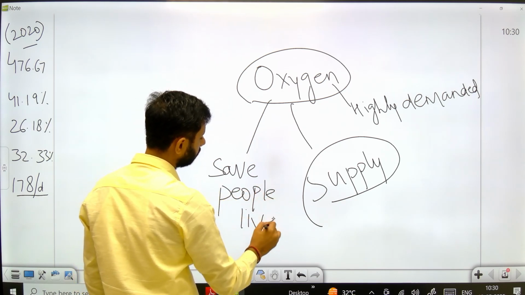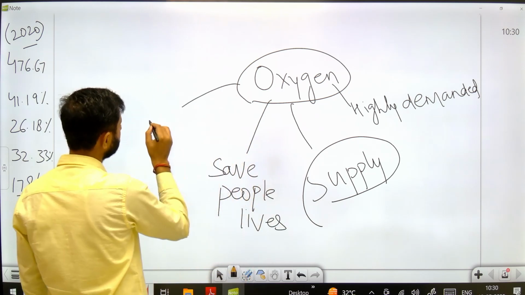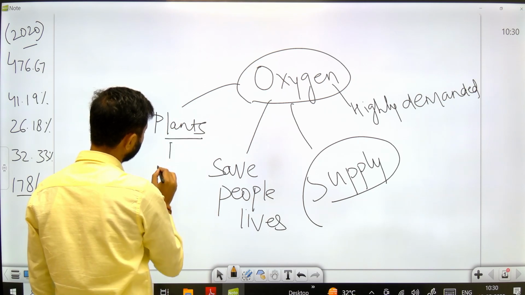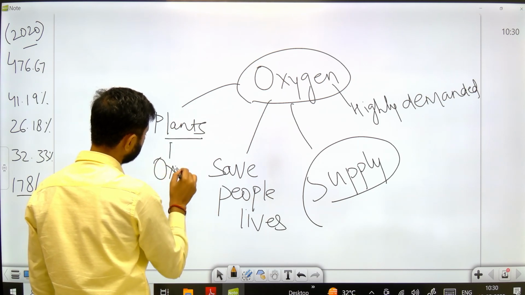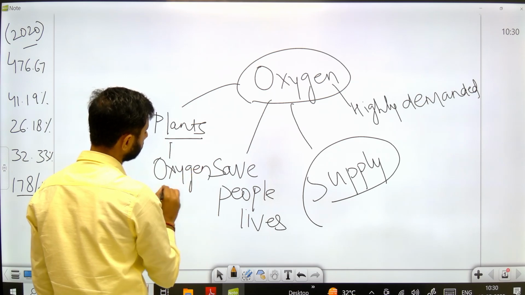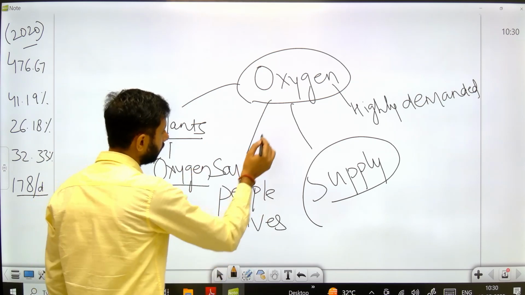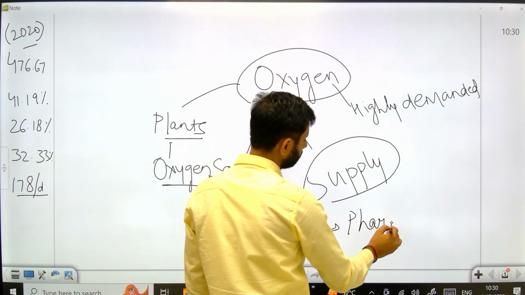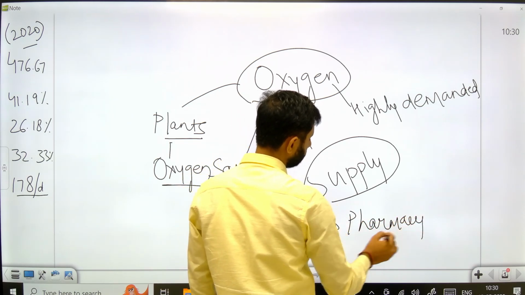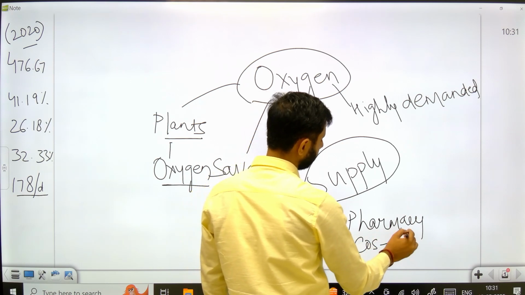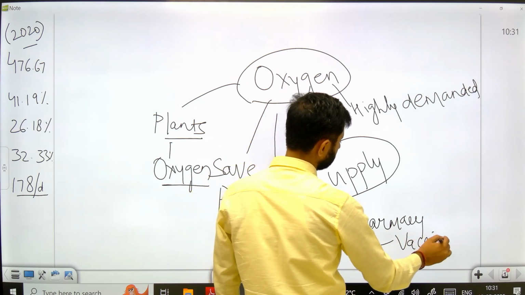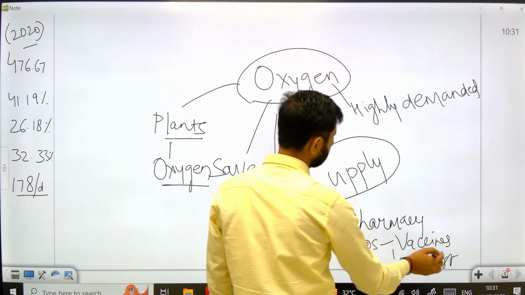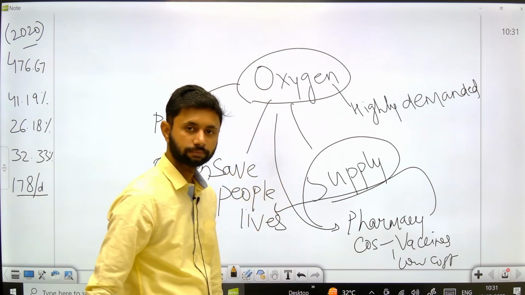And for that, what they did, they talked to plants to generate oxygen, even though it was not their primary production. They asked pharmacy companies to provide vaccines in a low cost manner to save people's lives.